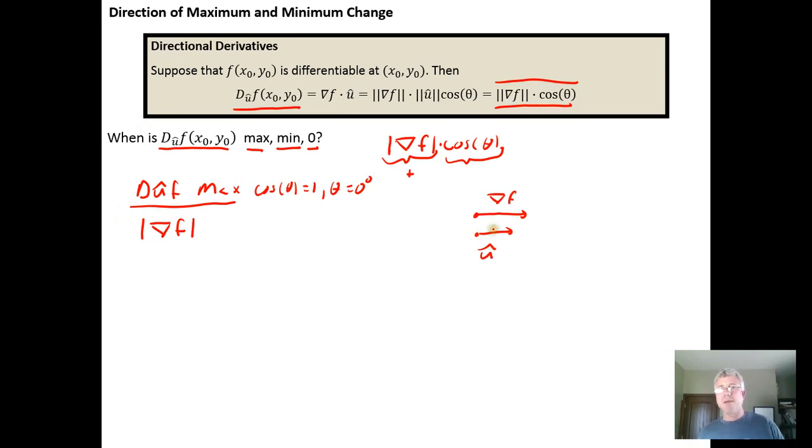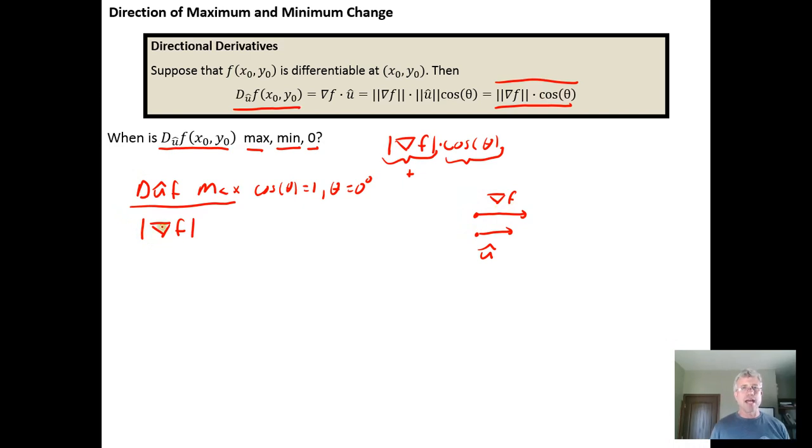Well, that only happens when the two vectors are parallel and in the same direction. In other words, the angle between them is 0 degrees. That means that the directional derivative is biggest when the gradient of f is pointing in the direction you're interested in. This tells us that the gradient of f itself is the direction of maximum change.